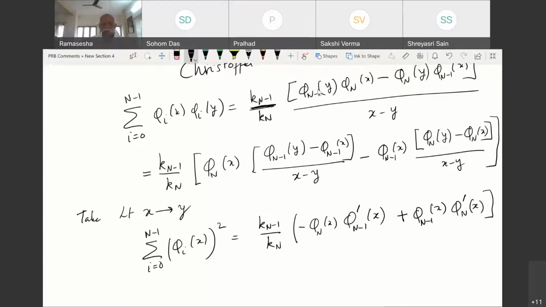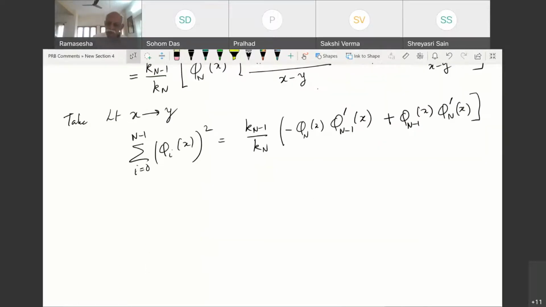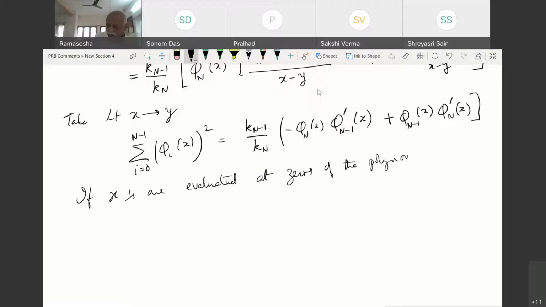Okay, so supposing x's are evaluated at zeros of the polynomial Pn, say x_mu evaluated at the zeros of the polynomial, what do I get?